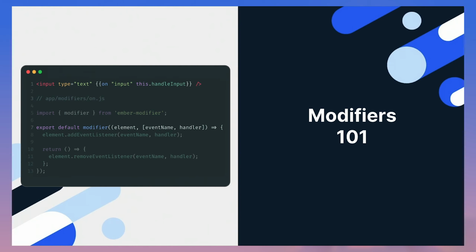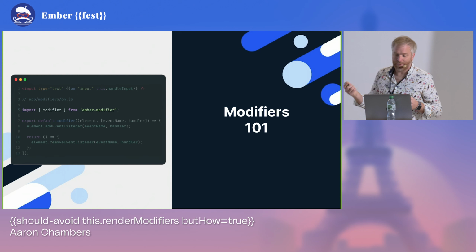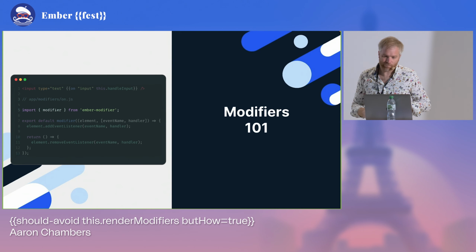They're basically functions that get passed the actual DOM element when the modifier is attached to that element, as you can see there. This is what a basic implementation of the on modifier could look like. The function gets passed the element you've attached it to, and we can add an event listener. That's one you've likely used a lot. And modifiers come from the Ember modifier package.